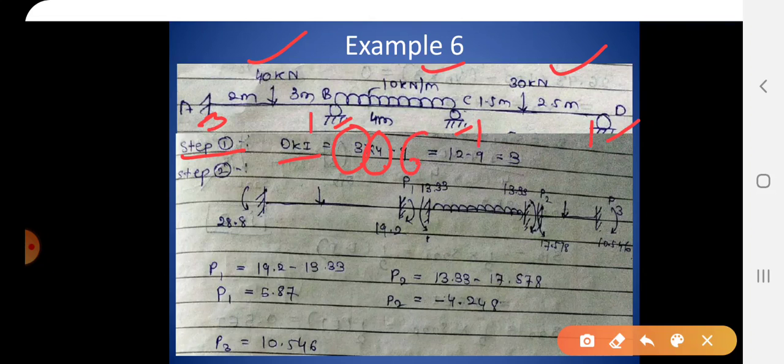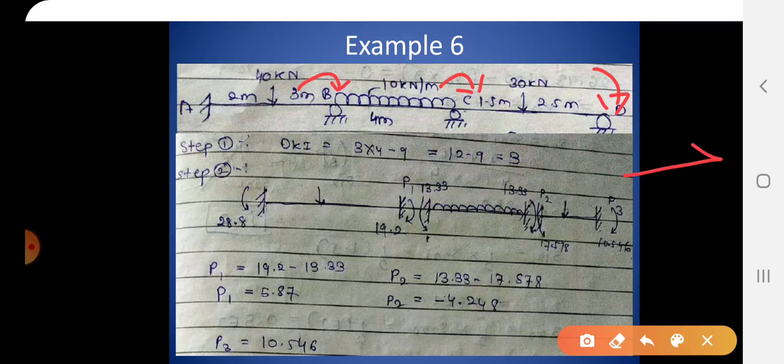So this will be 12 minus 6 is equal to 6. What will these 6 unknowns be? Theta B, theta C, theta D and horizontal displacements at B, C and D, that is delta X at B, C and D.